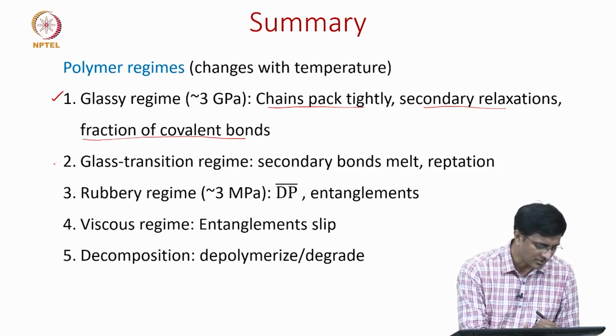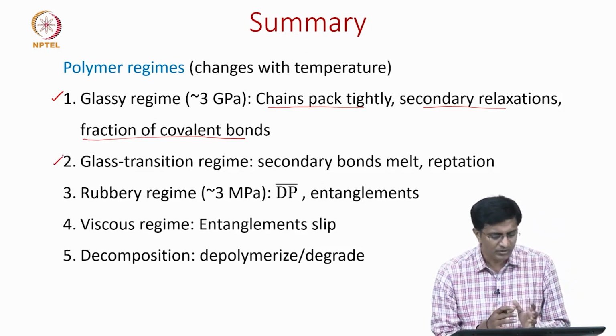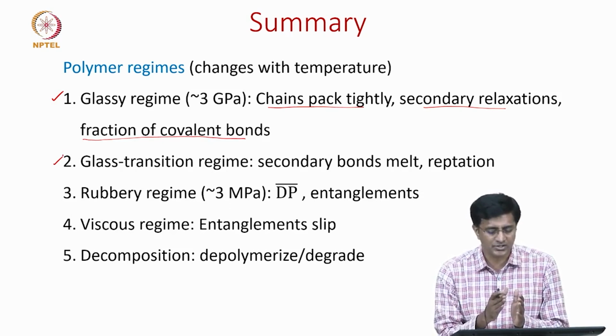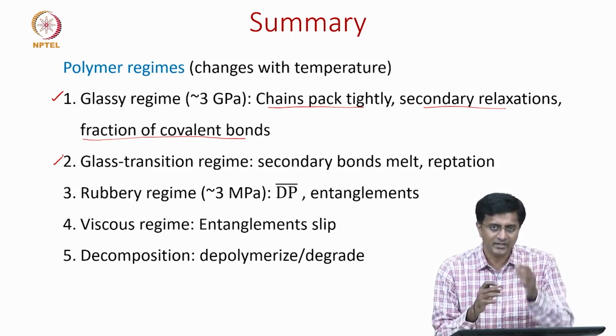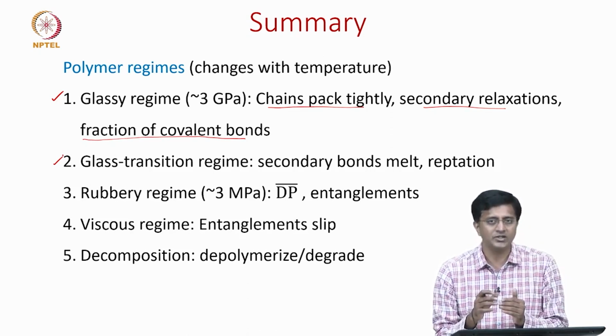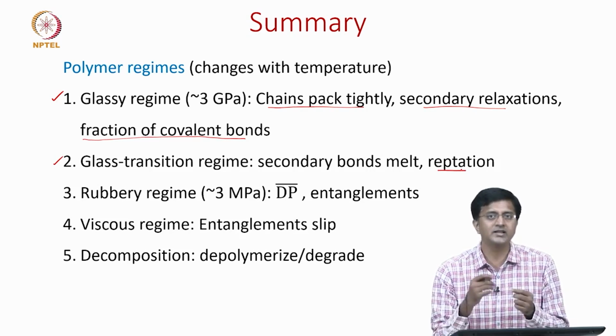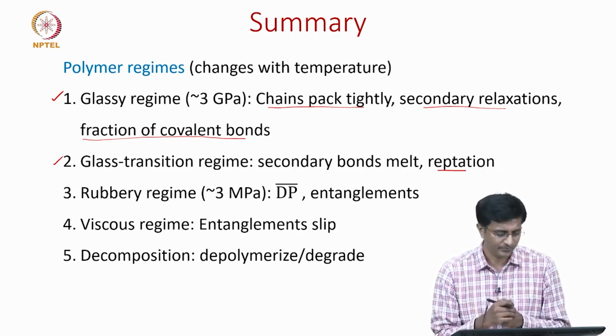Next is the glass transition, which we covered in today's video. It talks about how, as we increase the temperature beyond the glass transition, that is when we break the secondary bonds. And then there is a large decrease in the modulus, mostly because of reptation and an increase in the free volume.